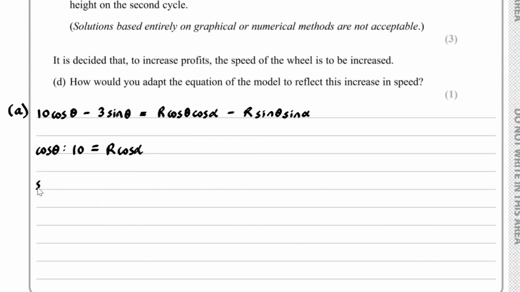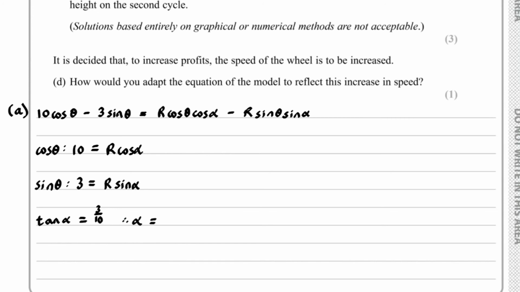And if I compare the sine thetas, then I've got 3 on the left hand side, and on the right hand side I have r sine alpha of them. The minuses cancel on both sides, by the way. To find out what alpha is, I can divide this equation by this equation, and if I do that, r sine alpha divided by r cos alpha, that's just tan alpha, and then we've got 3 divided by 10.